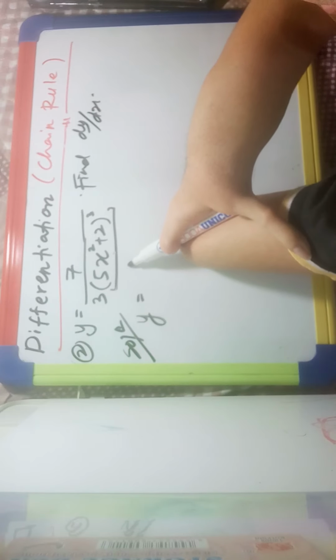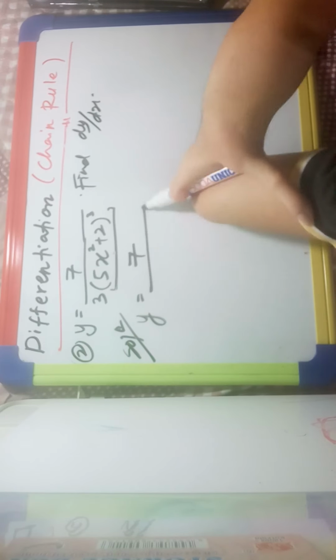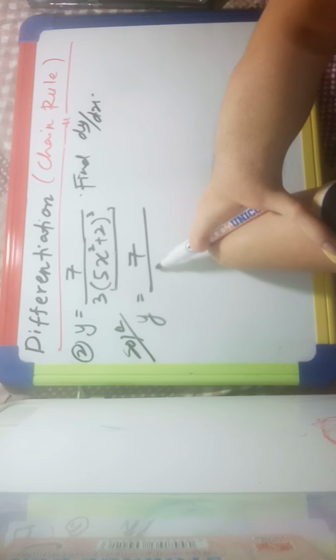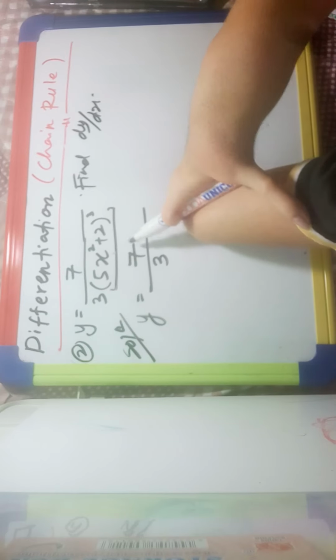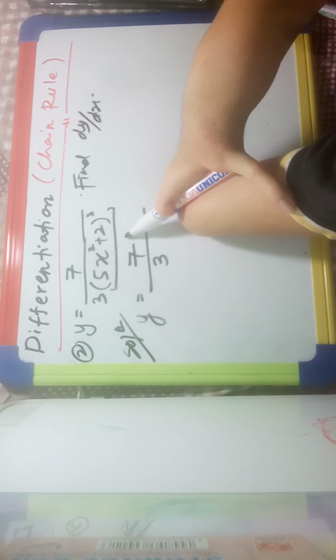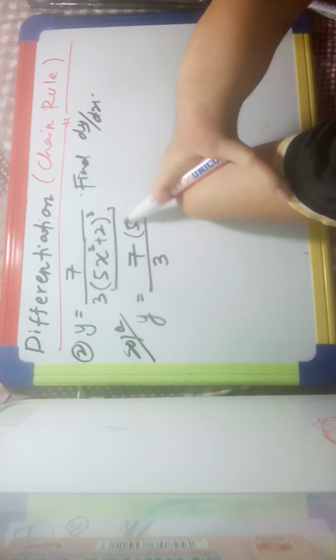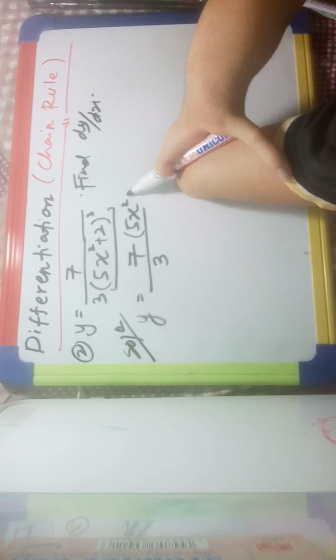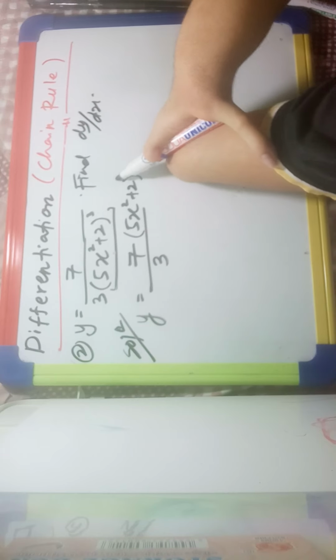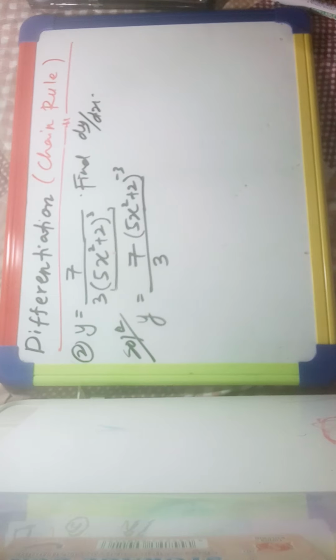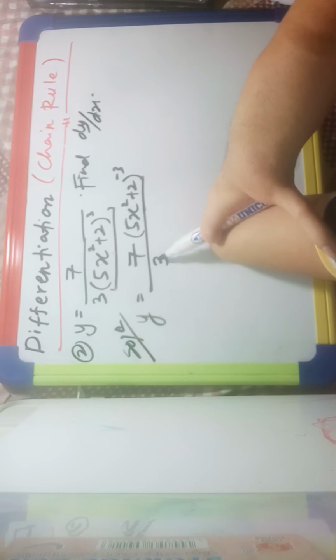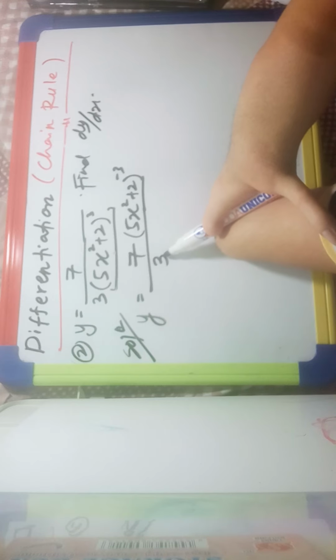So it's going to be 7 over 3, and you see, (5x squared plus 2) is going up here, to the power of negative 3. The constant 3 remains below as the denominator.